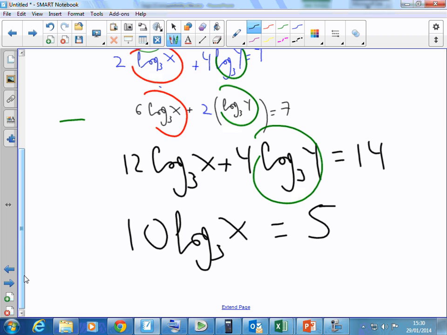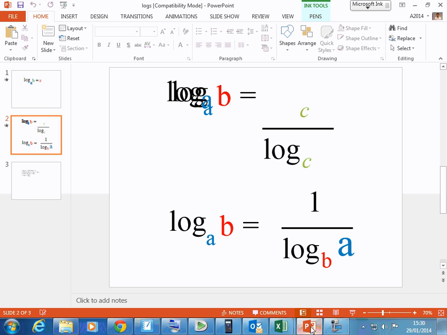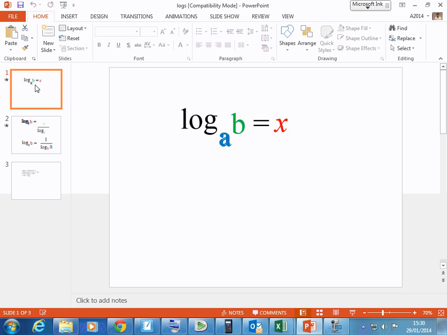So, log to the base 3 of x is therefore equal to a half. And again, at this stage, we need to know how to work out x. Again, it's very easy. It's just back to the definition of a log. So I'll go back yet again to this slide.